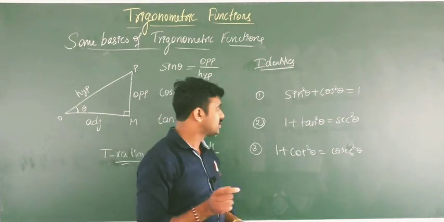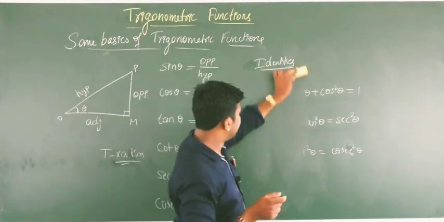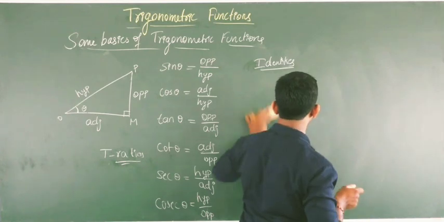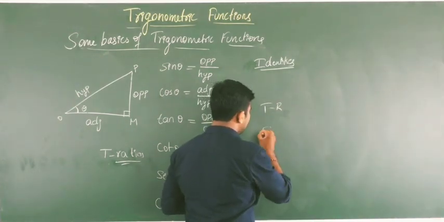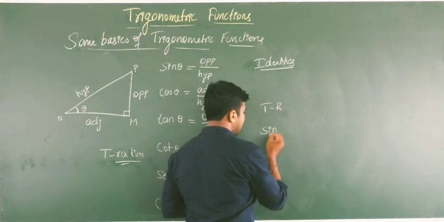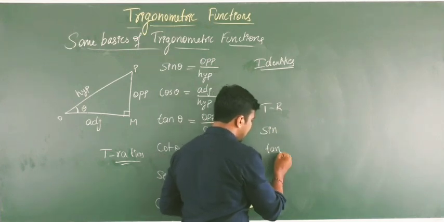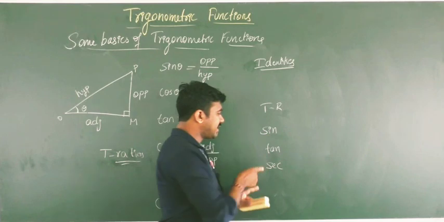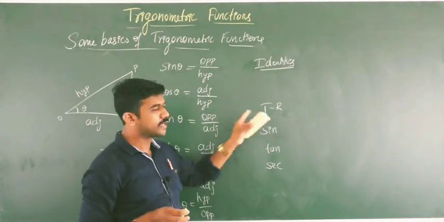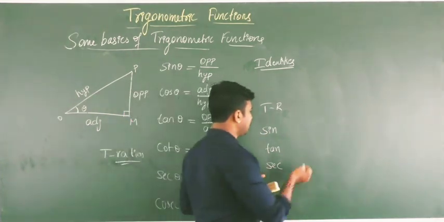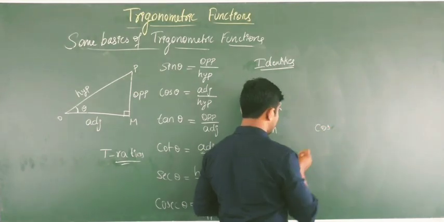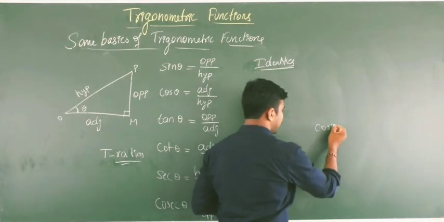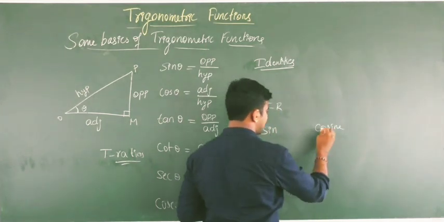And then see the trigonometric ratios and co-trigonometric ratios, T ratios. T ratios are sin, tan and secant. Sin, tan, secant are trigonometric ratios, and for sin, cosine, that is nothing but cos.